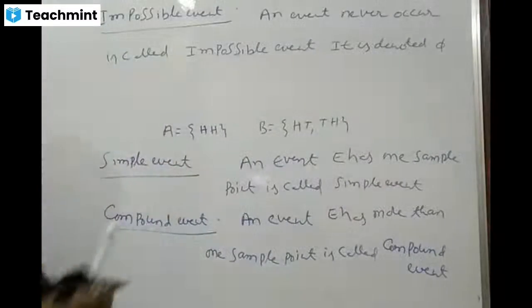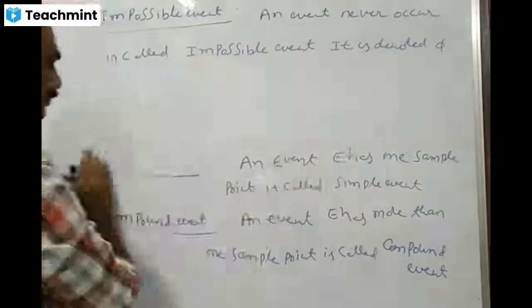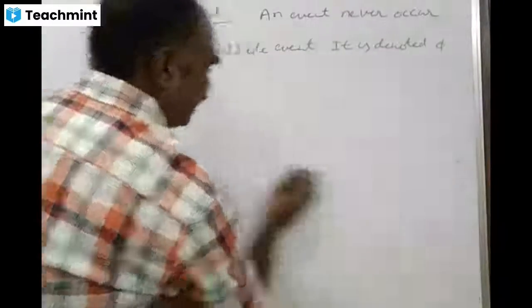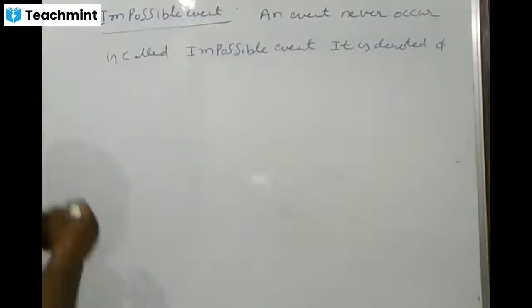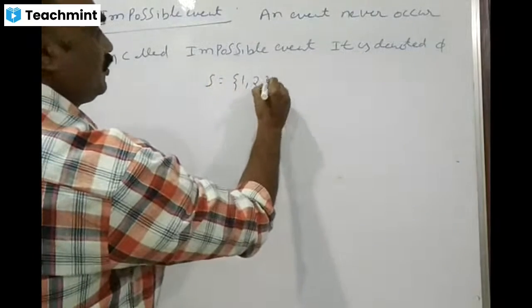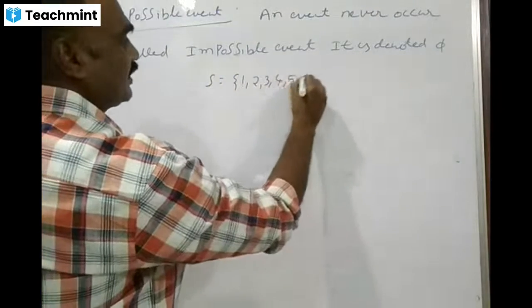For example, when a die is rolled, what are the possibilities, friends? 1, 2, 3, 4, 5, 6.